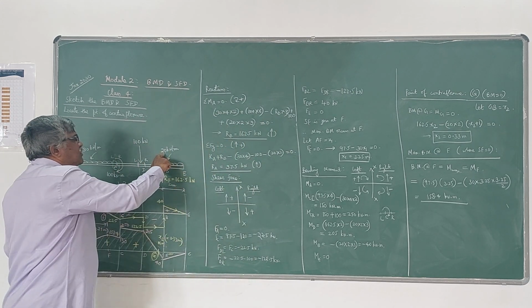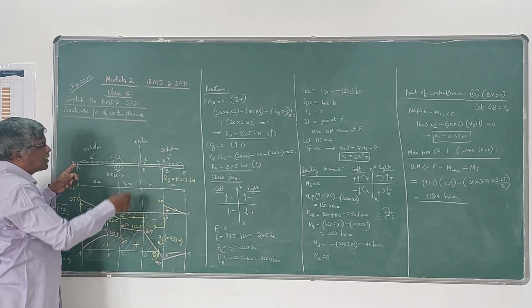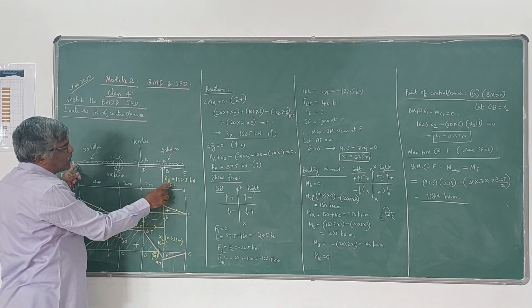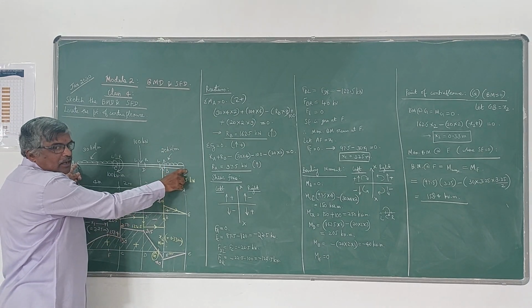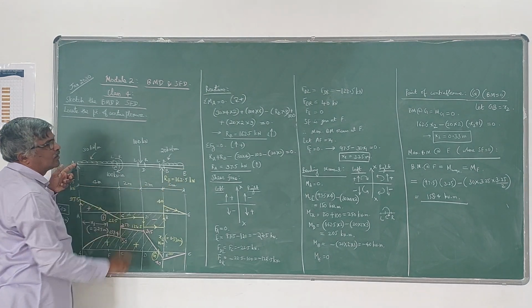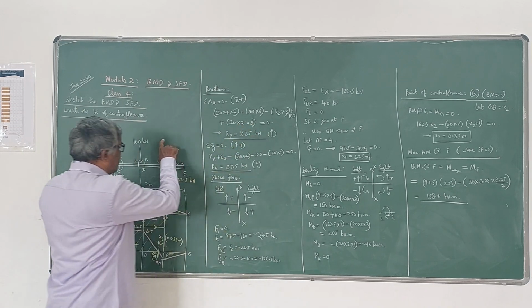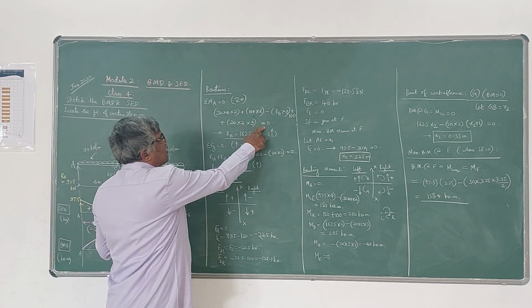Then this 20 kN per meter UDL is also giving a clockwise moment. 20 into 2, that is the total load, acting at a distance of 4 plus 2 plus 2 plus 1, so that is 9 meters. So 20 into 2 into 9, which is giving clockwise moment, therefore plus, this is equal to 0.